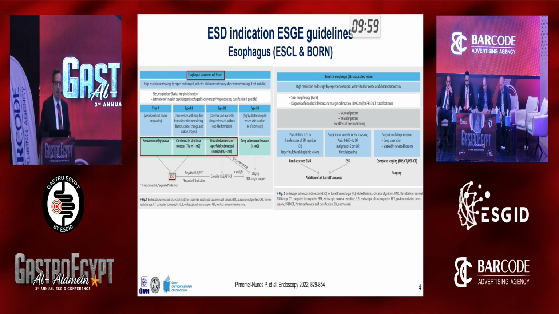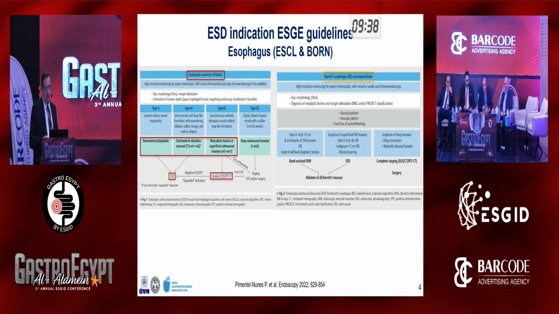In that case, you can go directly for ESD. If there is deeper invasion until SM1, you should consider EUS or CT scan. If it's more advanced, surgery should be recommended.